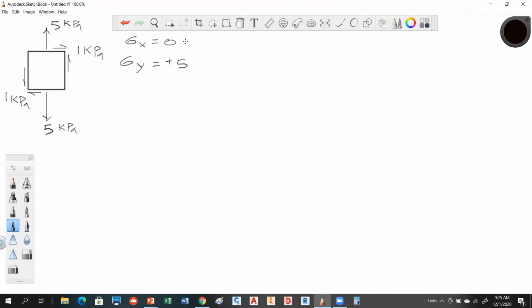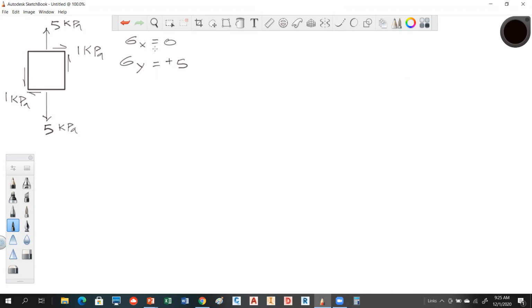Did everybody see where I'm getting those from? Zero in the x, 5 in the y. We good on that? So if there were arrows pointing either to the right or to the left, and they were 5 kilopascals, then x would be 5.